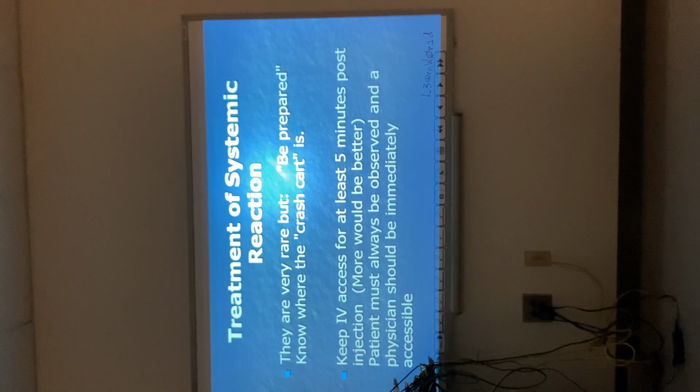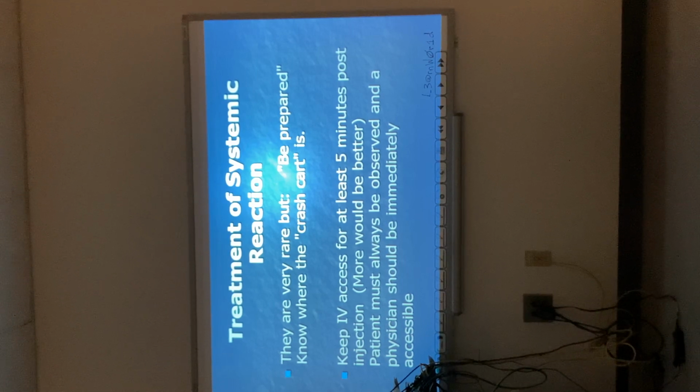So when your patient comes, a lot of times the patient's already going to have an IV. Unless you're just working in an outpatient center, then you're going to for sure have to put it in. But you want to make sure that you leave that IV in place. I mean, the slide's saying 5 minutes, but usually we leave it in place for the whole continuity of the exam, okay? And we only remove it once we have the radiologist's approval, because sometimes they might want something else.